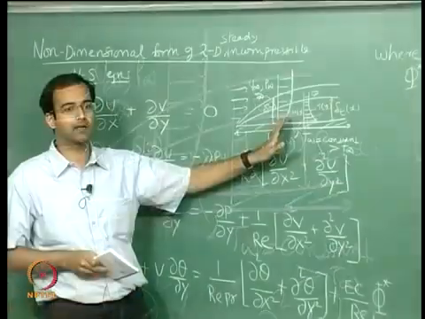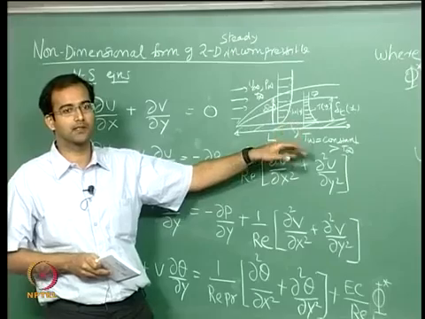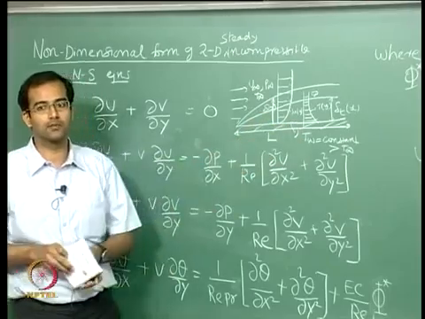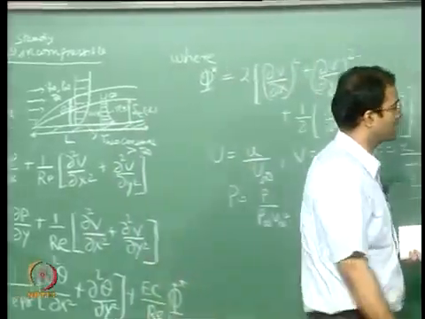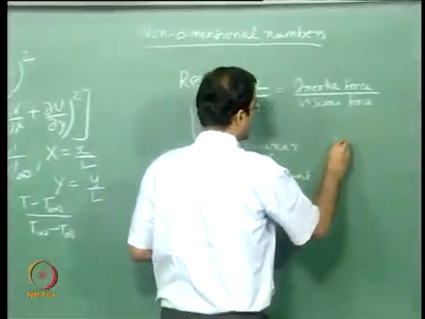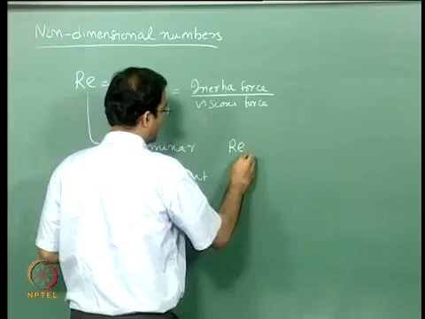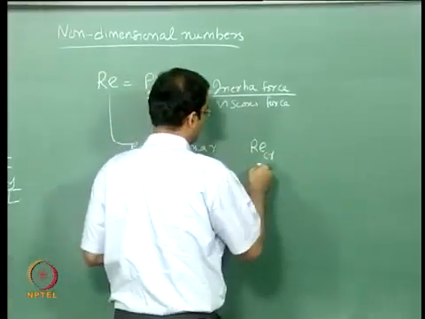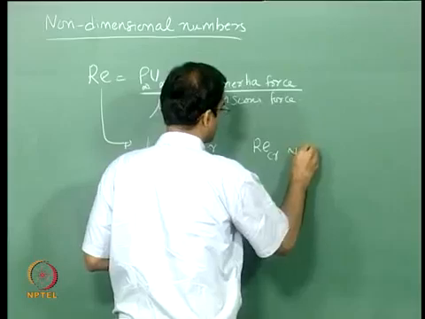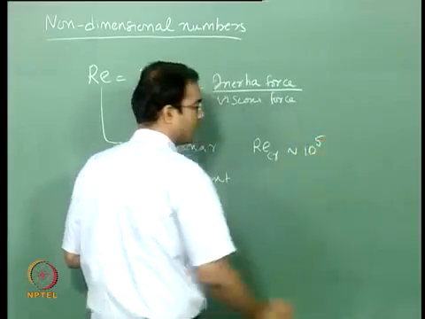You have a critical Reynolds number beyond which your instabilities will grow and the flow becomes turbulent, and that is classified based on the local Reynolds number. Typically, that critical value, based upon which you classify whether the flow is laminar or turbulent, is approximately 10 to the power 5 in the case of flat plate flow.